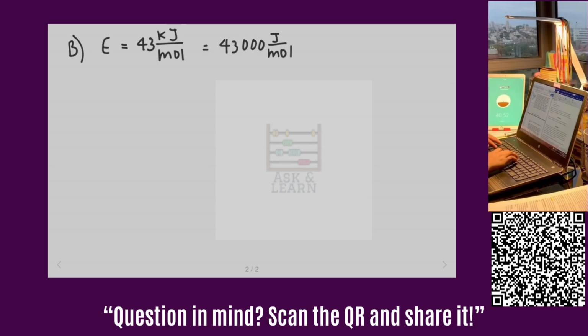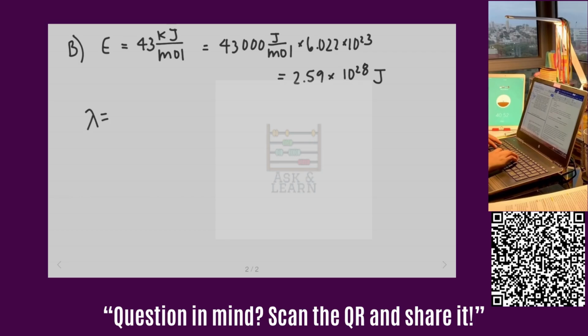And then we want it in just joules. So if you multiply that by 6.022 times 10 to the 23rd, which is Avogadro's number, to get rid of the moles, we will get an answer of 2.59 times 10 to the 28th joules. So now we have energy in the unit that we want.